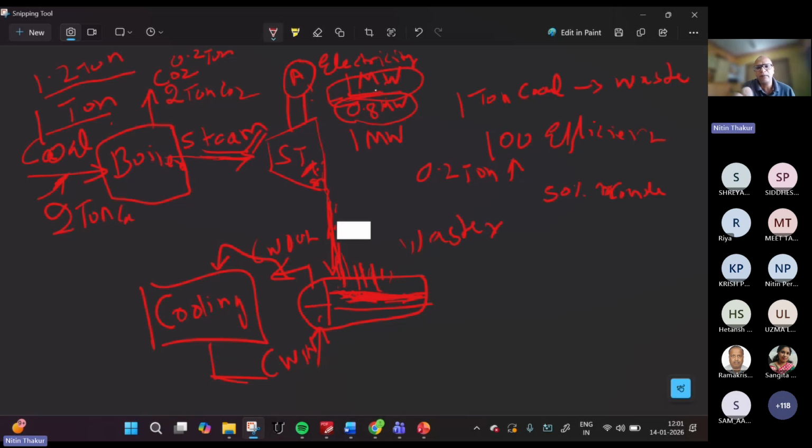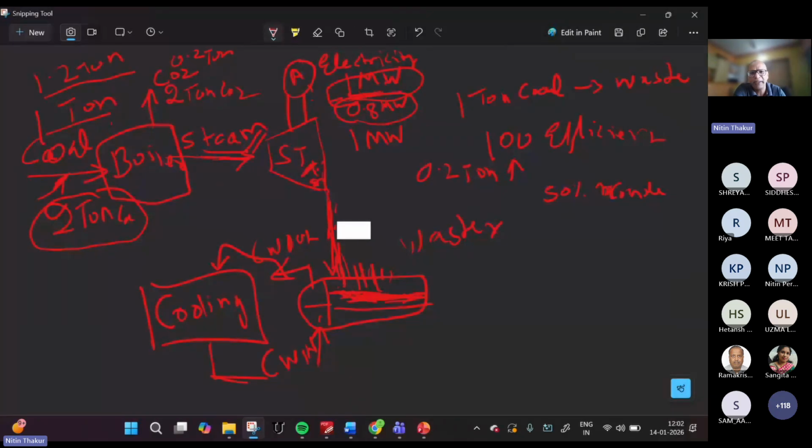He has to make 1 megawatt no matter what, even if the condenser is scaled. And even if you have to put more coal in, you still go ahead and do whatever is needed to make 1 megawatt of electricity.